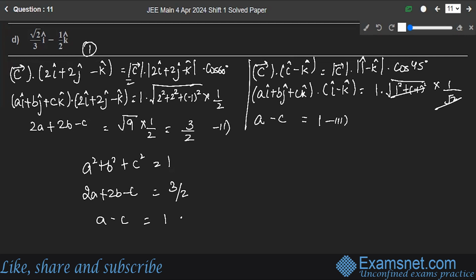Okay. So now let's solve all of them. This will give you minus C is equal to 1 minus A, right? And let's fill this value in this equation. What you will get?